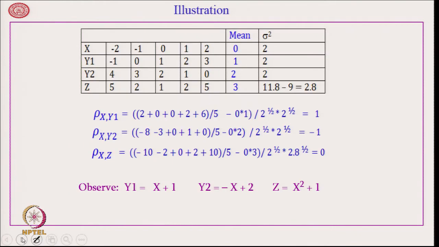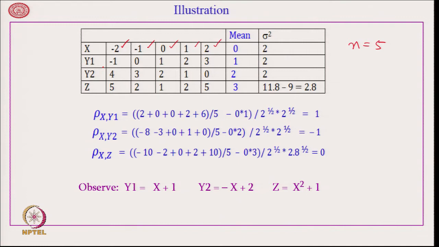So, let me illustrate. Consider 5 points, that is n is equal to 5, and we have x1, x2, x3, x4 and x5. We are checking its association with 3 other random variables y1, y2 and z.